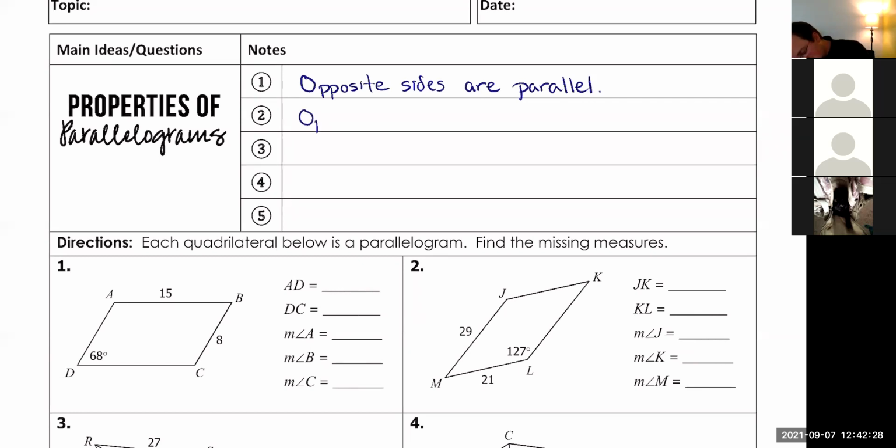Number 2, opposite sides are congruent. Note that it doesn't say all sides are congruent. That'll be squares, which we'll cover tomorrow. It is opposite sides, so one across from the other, they can always be assumed as congruent for a parallelogram. Number 3, opposite angles are congruent.